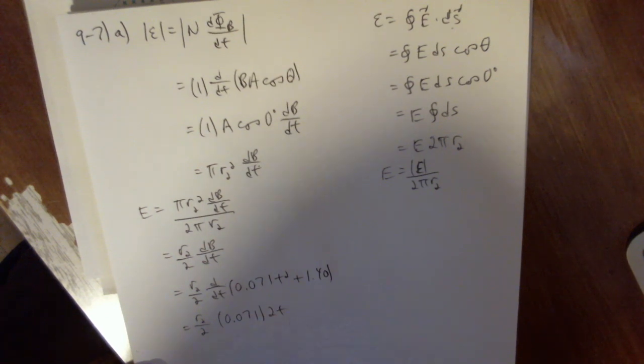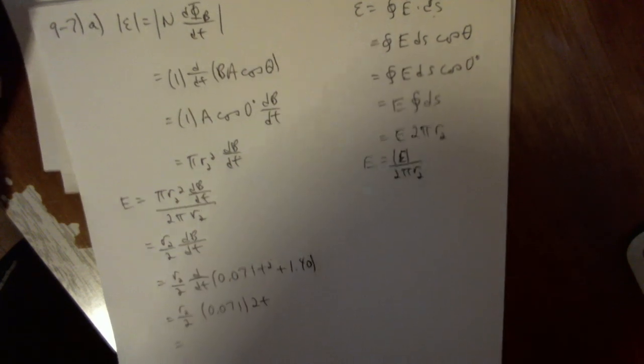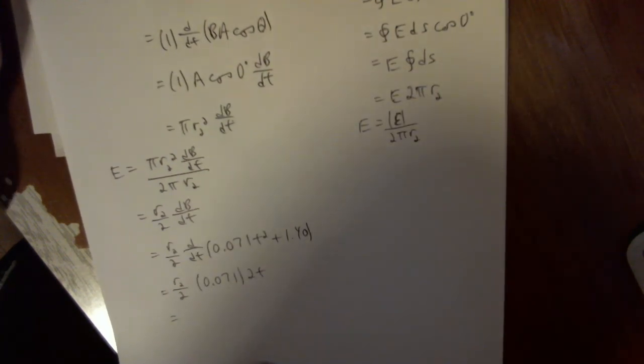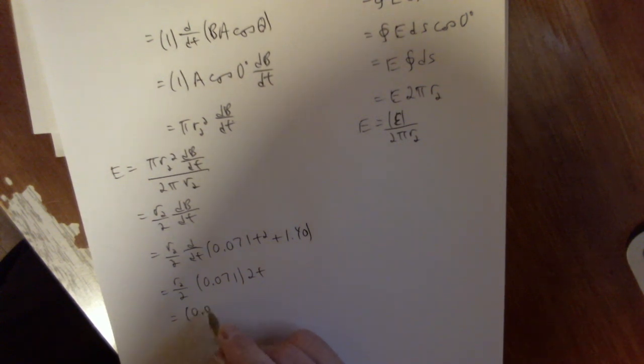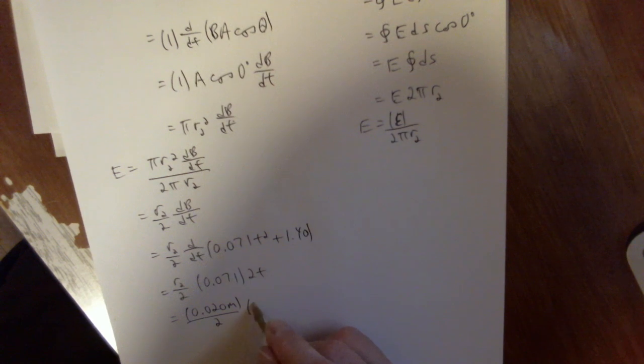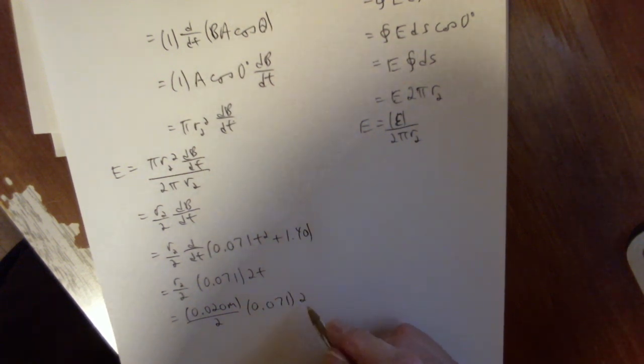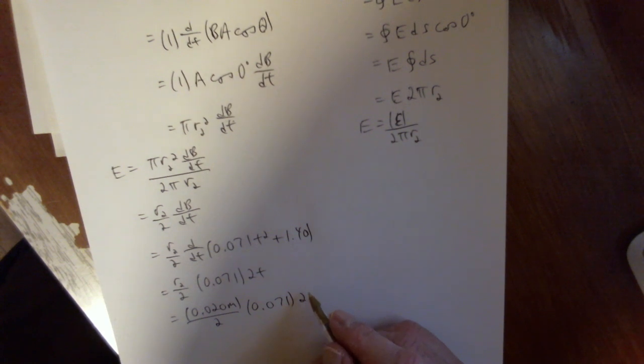times 2t. And if I plug in numbers, I look at the problem again. R2 is 0.02 meters, so I get 0.02 meters over 2 times 0.071 times 2 times the time, which is 2.2 seconds.